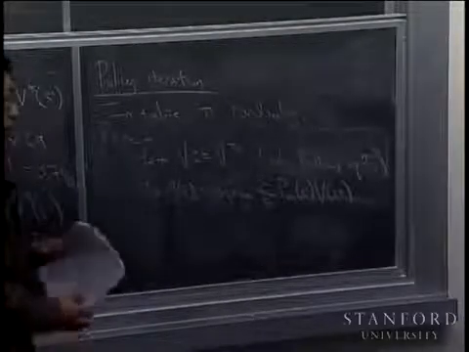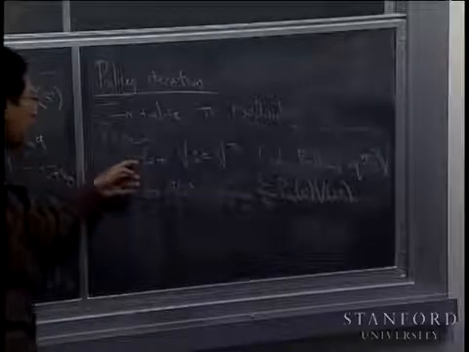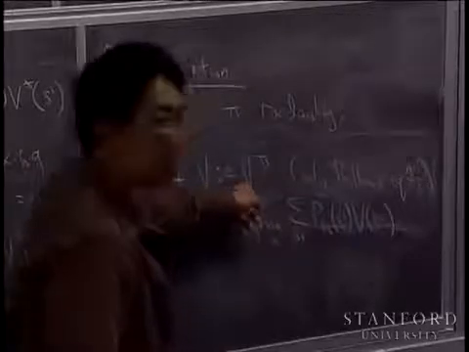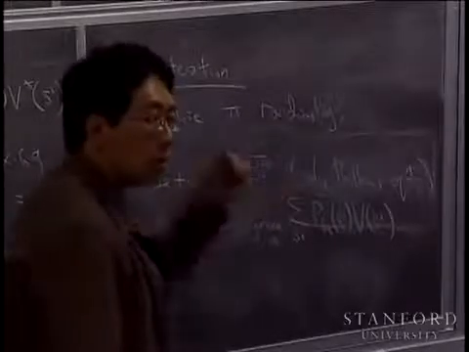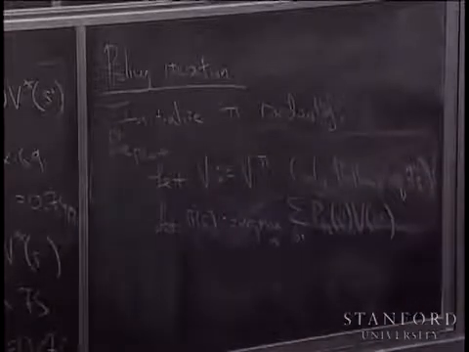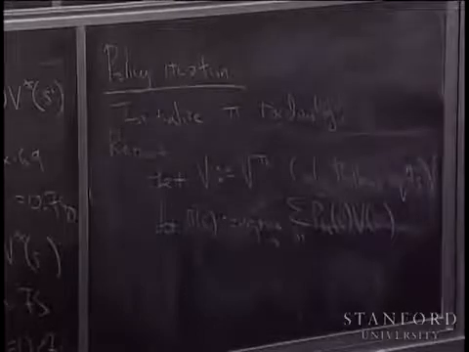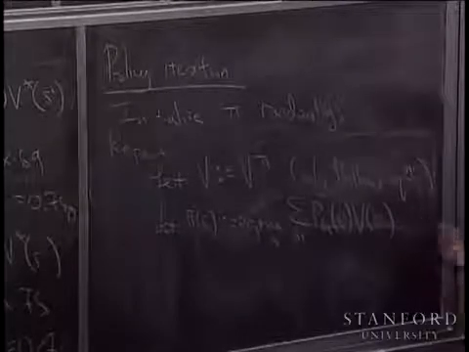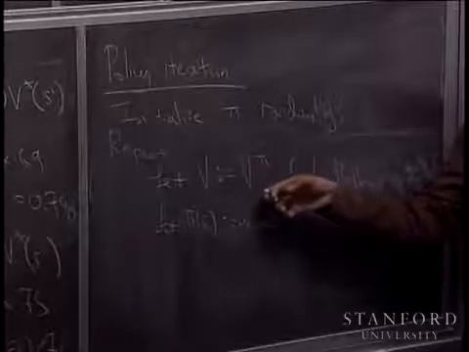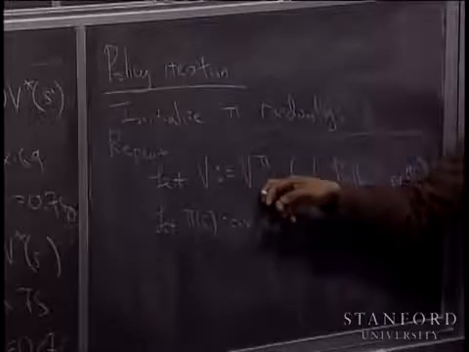So the algorithm has two steps. In the first step, we take the current policy pi, and we solve Bellman's equations to obtain V pi. So remember, earlier I said that if you have a fixed policy pi, then Bellman's equations define a system of linear equations with 11 unknowns and 11 linear constraints. And so you solve that linear system of equations to get the value function for your current policy pi. By this notation, I mean just let V be the value function for the policy pi.